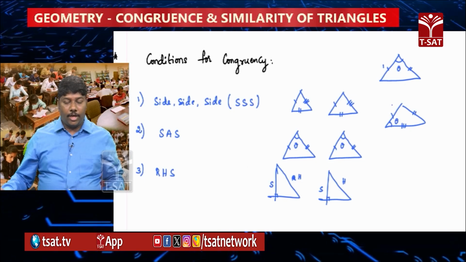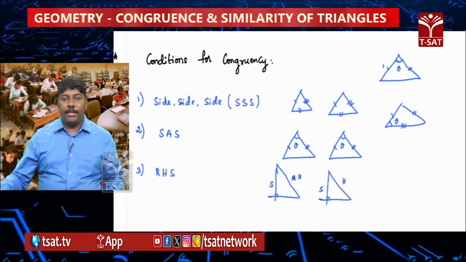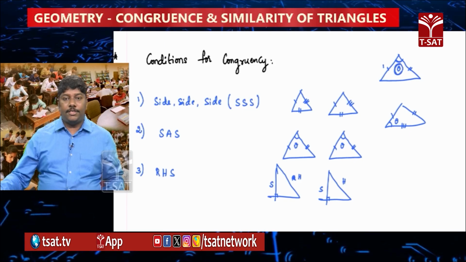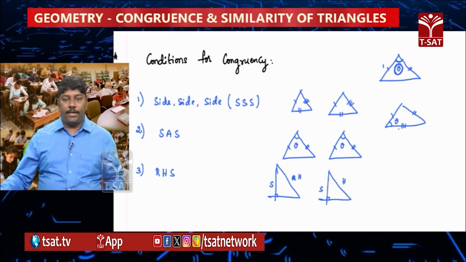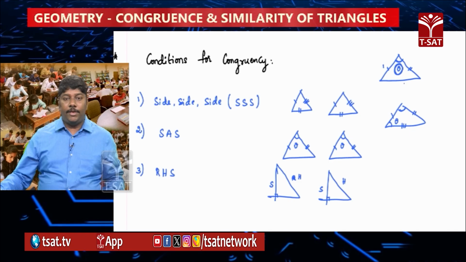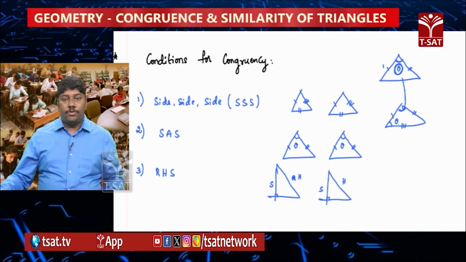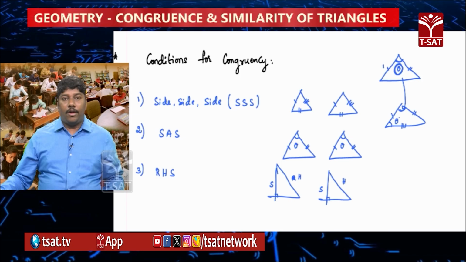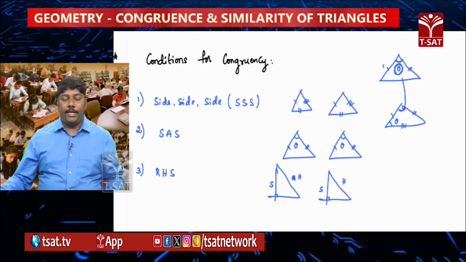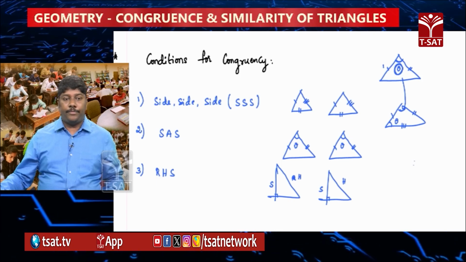Here two sides are equal, but their respective angle is not equal. This is in between 1 and 2, this is in between 1 and 3. So, here I want this angle to be equal to theta, not the angle which is in between 1 and 3. So, make sure the corresponding or the respective angle must be equal in the case of SAS.